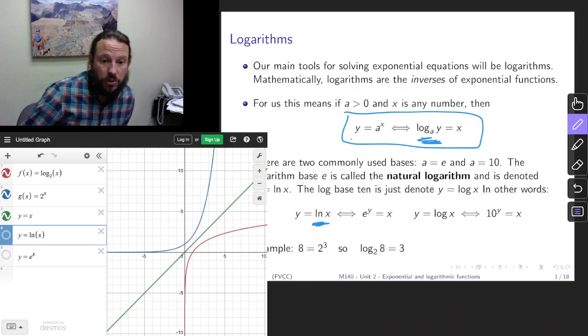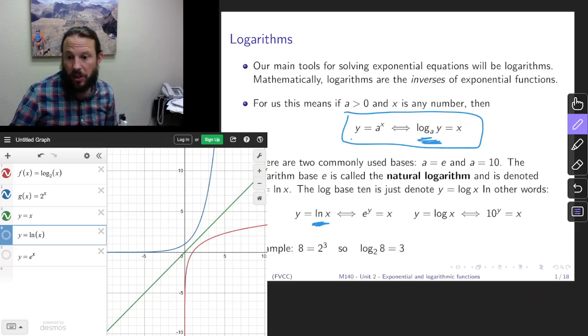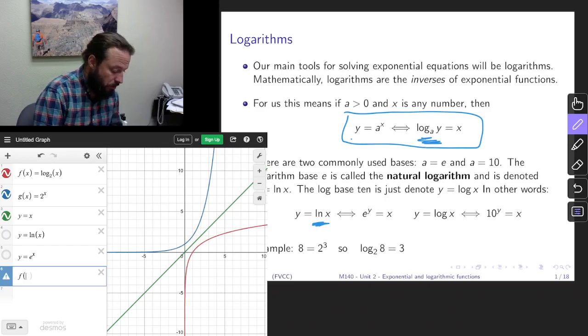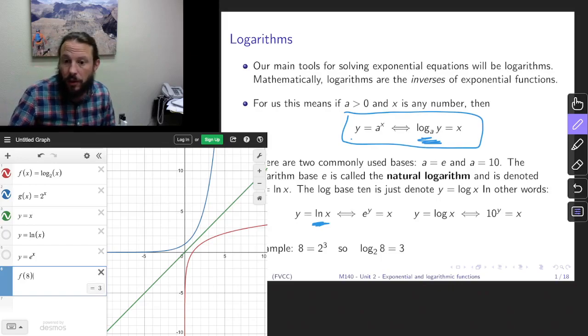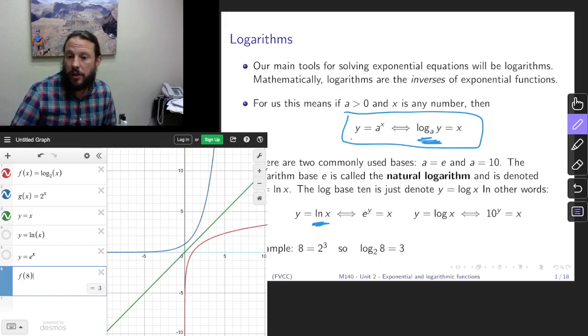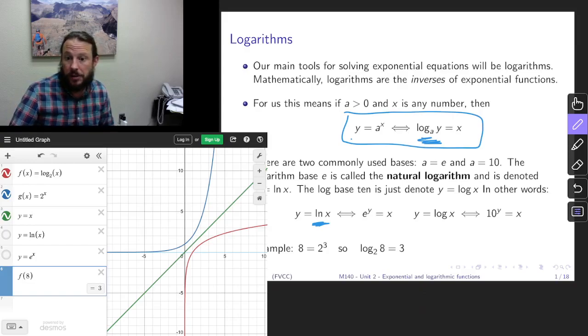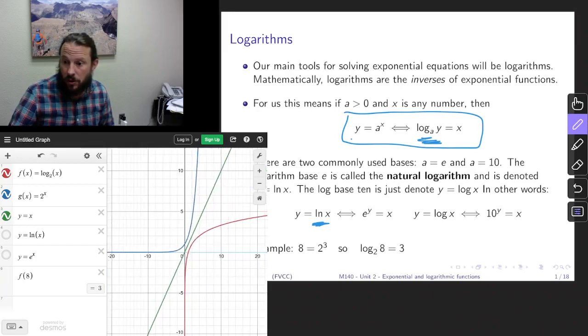Since 2 to the third equals 8, log base 2 of 8, of course, should be 3, and we see that. So what is it really doing, as far as the log function and the log base 2 of x? Remember, it's the exponent. We're always dealing with the exponent, right?